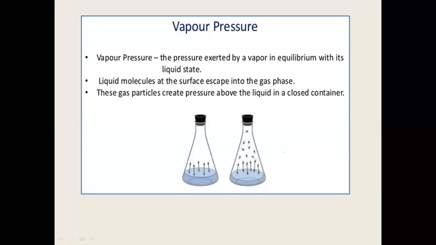This pressure is called vapor pressure. So isn't vapor pressure a very simple thing to understand? Yes, of course, because the pressure exerted by the vapors on the surface of the liquid when the system is in a closed container is called vapor pressure. Now, every liquid has its own vapor pressure at a given temperature.